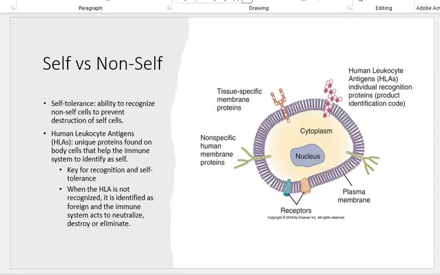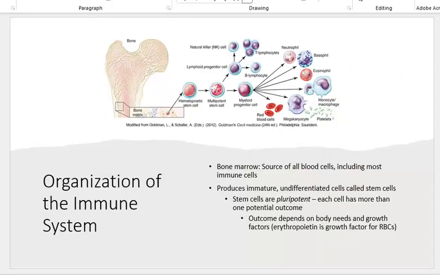So now we're going to go ahead and talk about the organization of the immune system. The immune system is present throughout the body, as we know. Most comes from the bone marrow. Some mature here and others in different body sites. Once the cells are mature, these cells are released into the blood to circulate to most body parts and have specific effects.